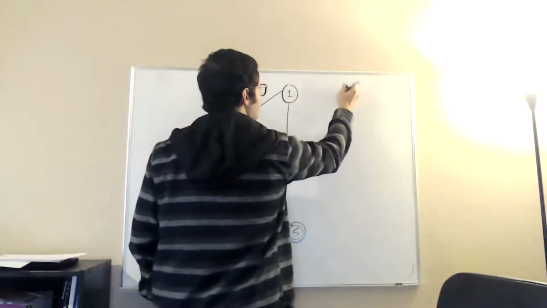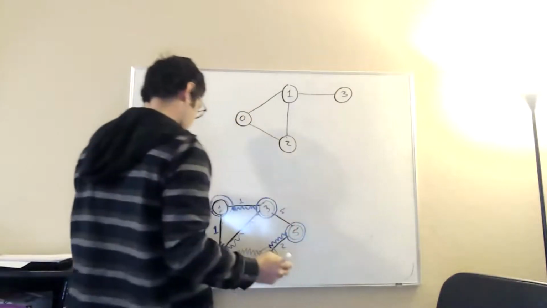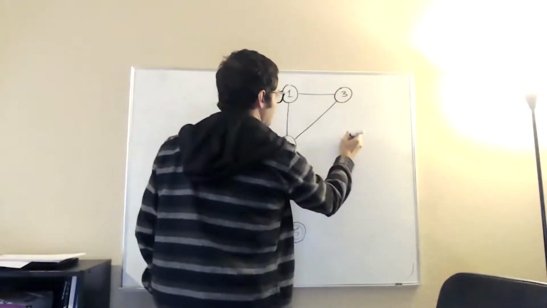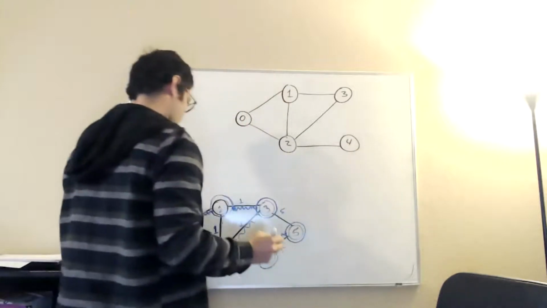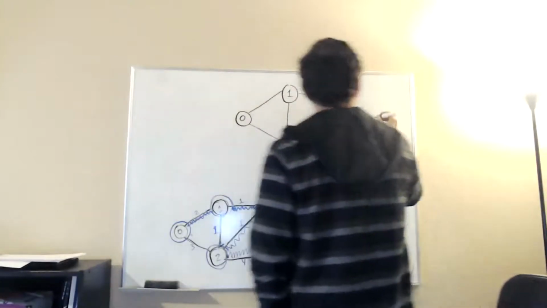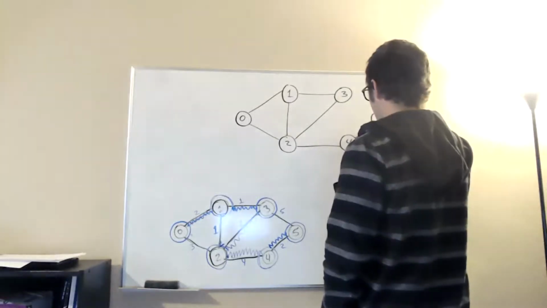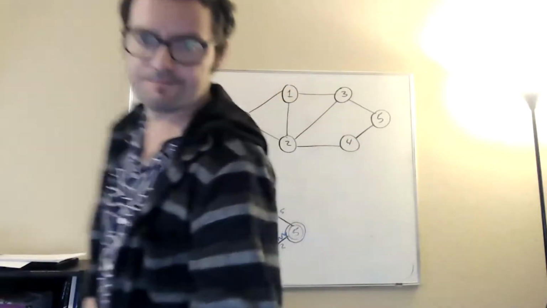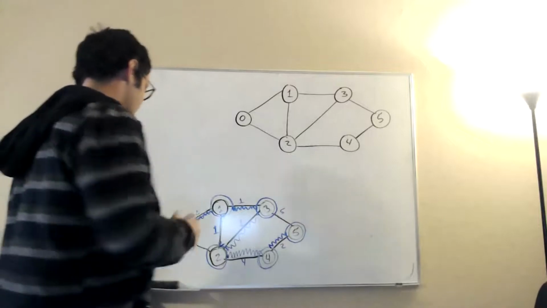Okay, so that, and then node 3, this, and then node 4, that, and then node 5 over here, and there are the connections, and then there are weights associated with each of the edges.